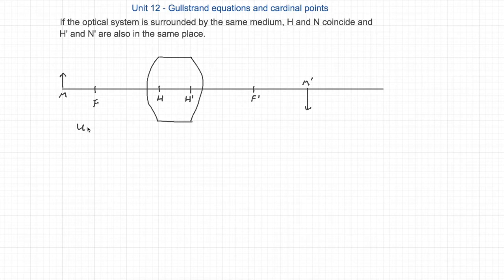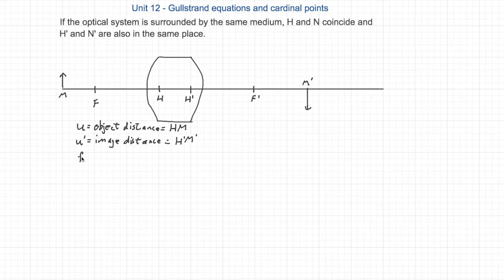Now I've added H and H prime, F and F prime, and the object M and the image M prime to our diagram. When dealing with thin lenses, you recall that the object distance was measured from the lens surface to the object. When you have a thick lens, that object distance is measured from the primary principal point to the object.